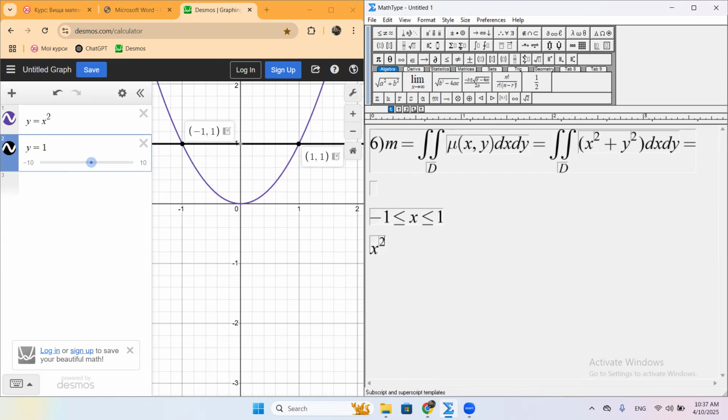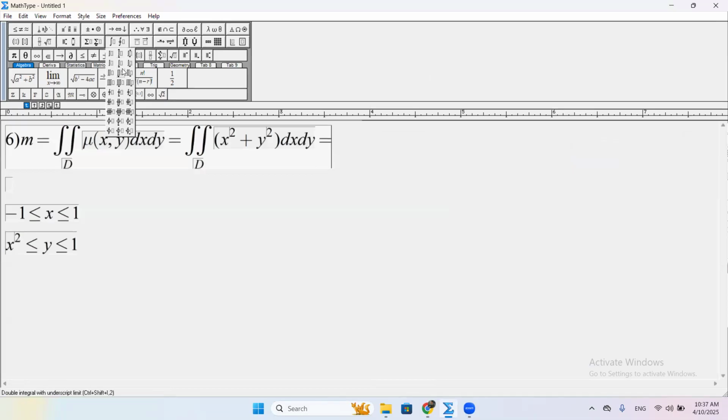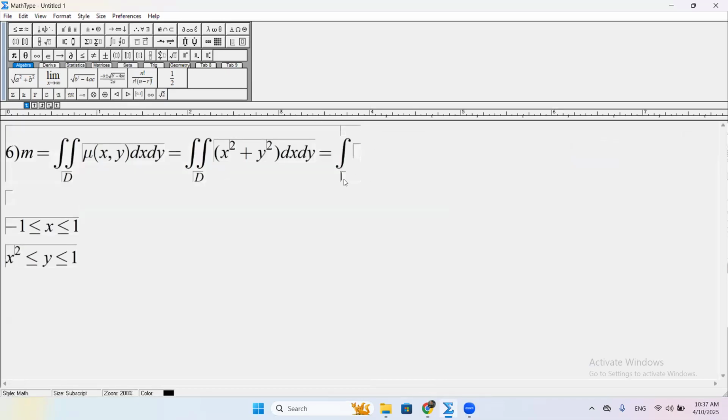Y reaches values from x squared to 1. So now let's assign these values in the integral: dx, and y from x squared to 1 of this expression by dy.